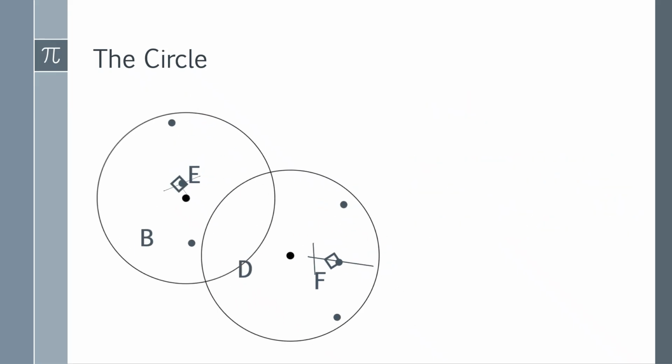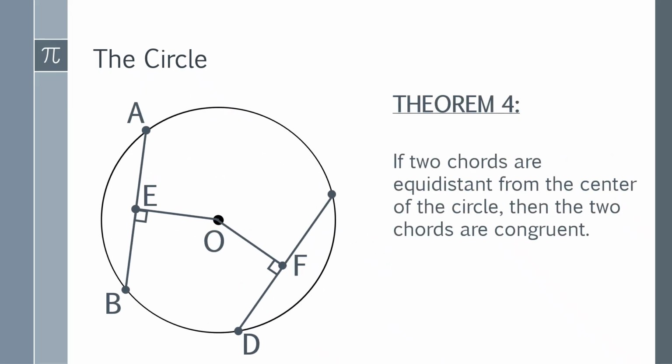And lastly, theorem number 4. If two chords are equidistant from the center of the circle, then the two chords are congruent. Meaning, if these two chords have equal distance from the center of the circle, then we can say that these two chords are congruent to each other. When we say equidistant, again, equal distance.